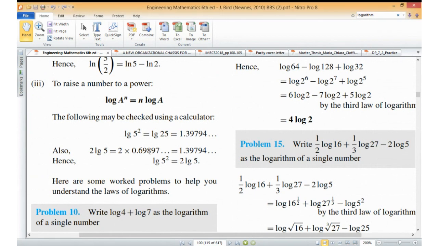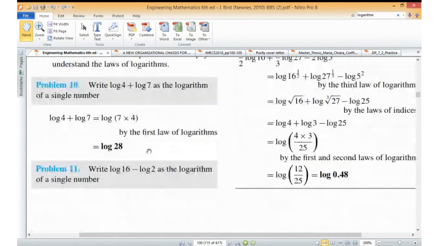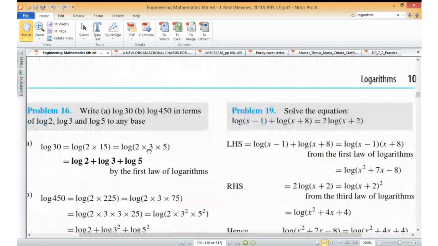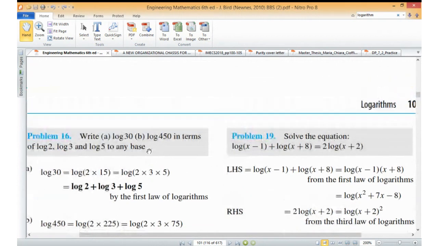So those are 3 very powerful rules in logarithms.